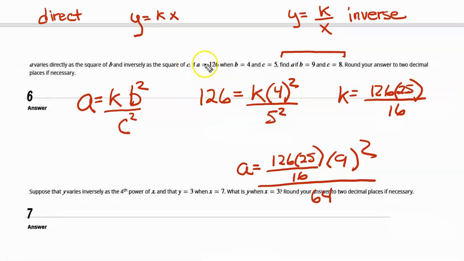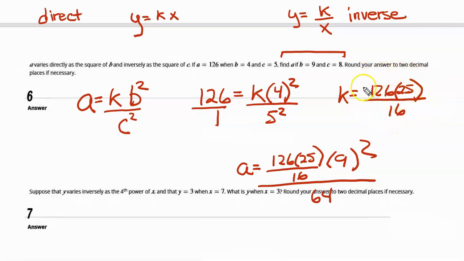Now our A value is 126. We don't know our K, but our B value is 4 that we're going to square, and our C value is 5 that we're going to square. So what is K? Well, again, I can kind of cross multiply. This is going to be 25 times 126, and then 4 squared is 16.